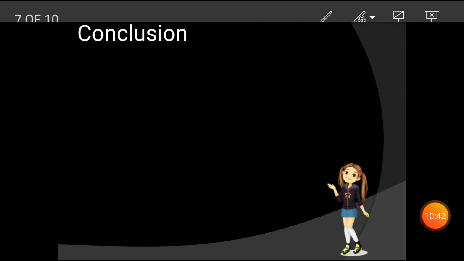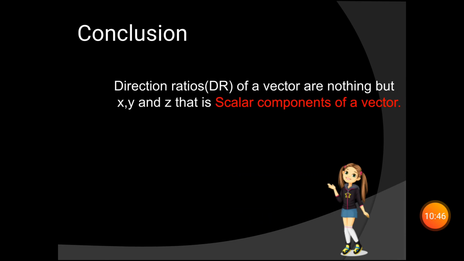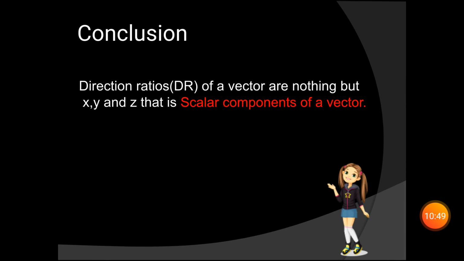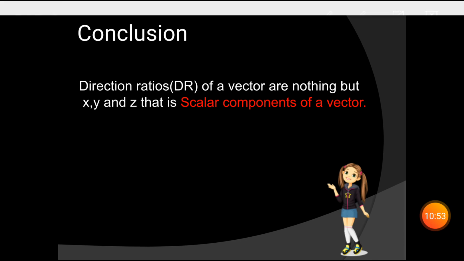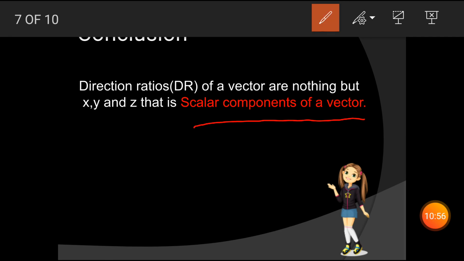The conclusion says direction ratios of a vector are nothing but x, y, z, that are the scalar components of a vector. Suppose any vector is given to you, 2i, 3j, 4k, and somebody asks you what is DR. So DR is 2, 3, 4, the scalar components of the vector.